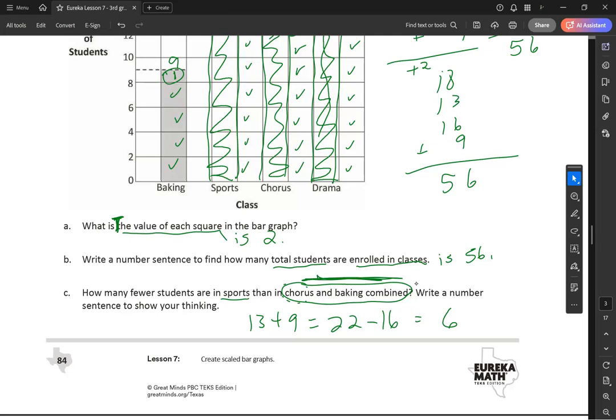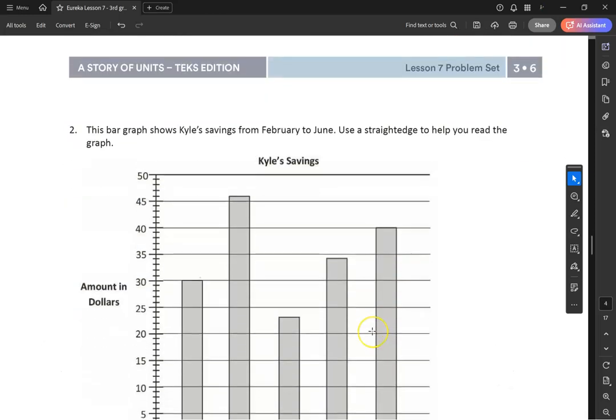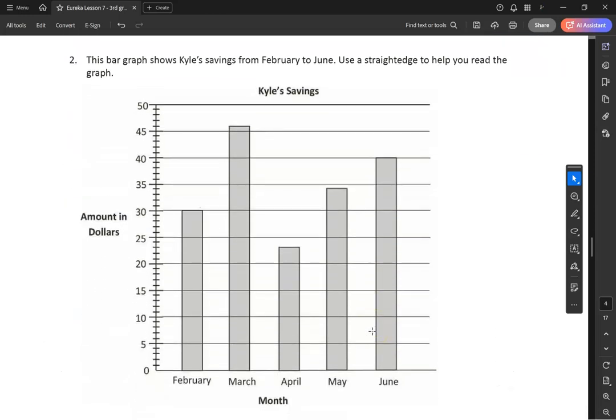So the answer would be 6 fewer students in sports than in chorus and baking combined. All right, next page. Number 2.